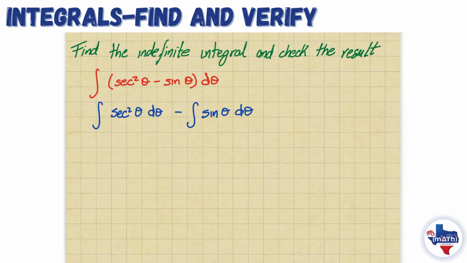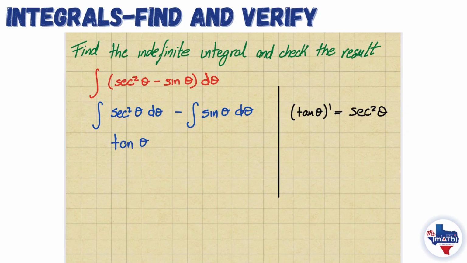Okay, so let's remember for a second here on the right side that the derivative of the tangent of theta is equivalent to the secant square of theta. That being said, the integral of secant square of theta is tangent of theta.